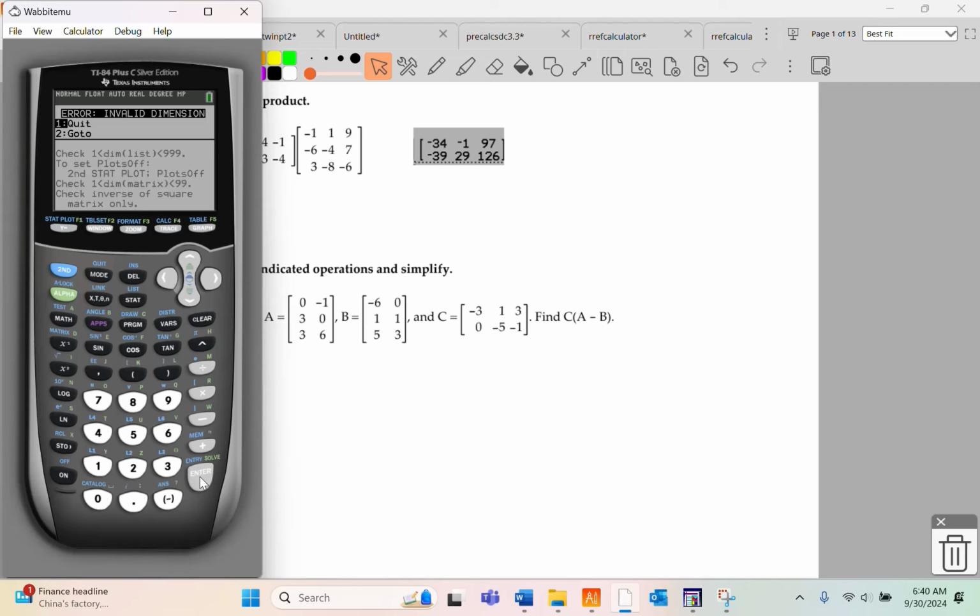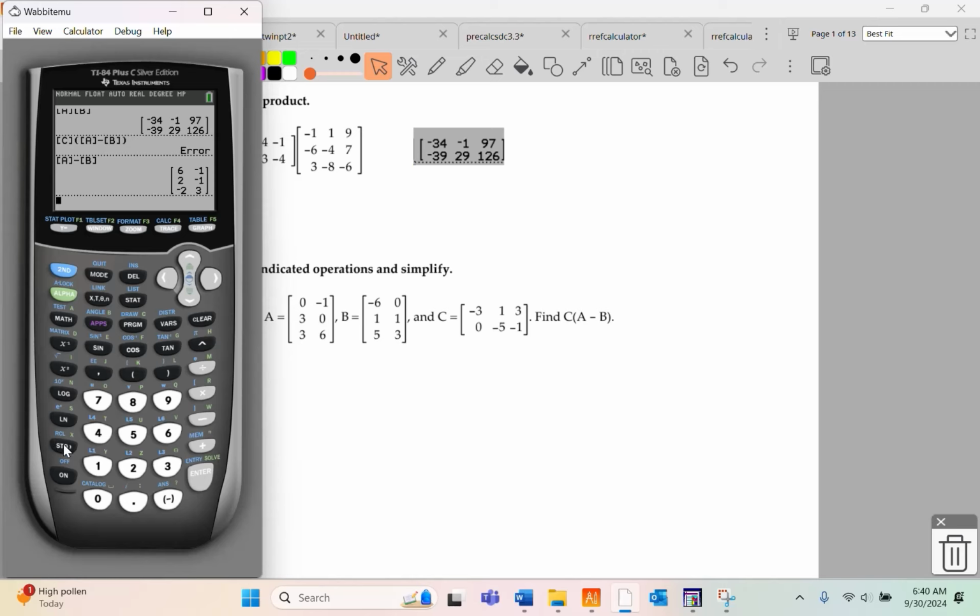That doesn't mean that we can't do this problem. One of the things you can do, and I'll show an easier way of doing this, but you might learn how to play with your calculator, is you can just figure out what A minus B is. Now, order is very important in matrices. And I'm going to store that.